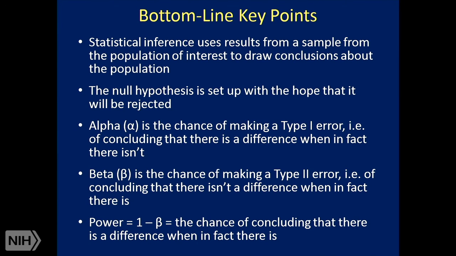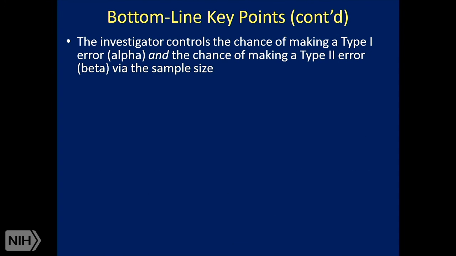And how do we adjust for those? It's through the sample size. The investigator controls the chance of making a type 1 error, alpha, and the chance of making a type 2 error via the sample size. If you increase the sample size, it's costing you more, but you can lower both alpha and beta.